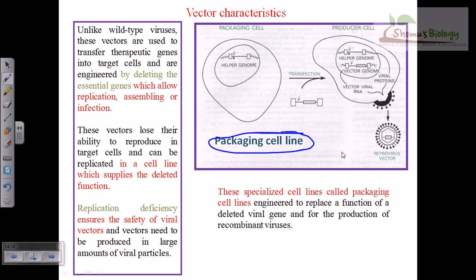Then we take this viral vector to infect the target cell, the cell which is expressing the faulty gene. Some vectors lose their ability to reproduce in the target cell and can be replicated in a cell line which supplies the deleted function.